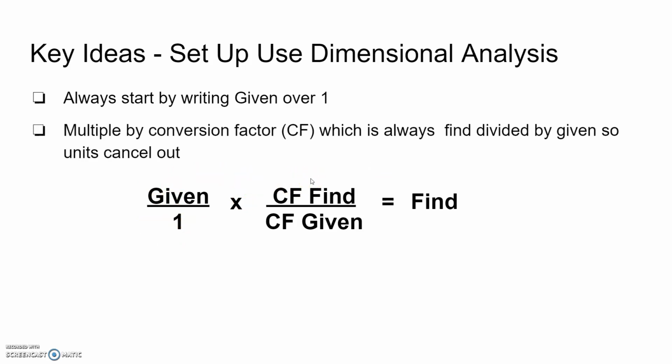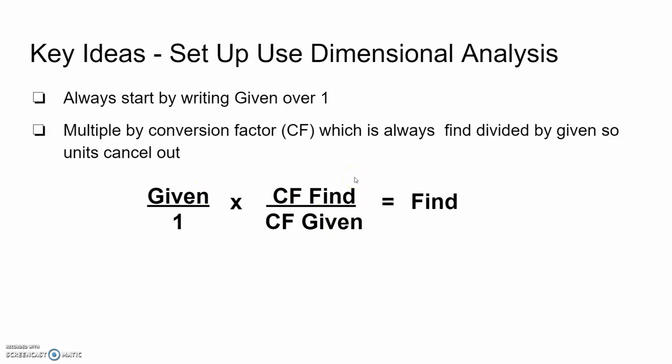The second thing is the conversion factor that you were practicing identifying in video 2. You're going to take that information from the conversion factor and write it into a conversion factor fraction, which is the second one right here. The key thing about this fraction is you want to make sure that the units you don't want, which are the units of your given, cancel out, and the units that you do want, which is your find, you can keep. In order for the given units to cancel out, they must be opposite.